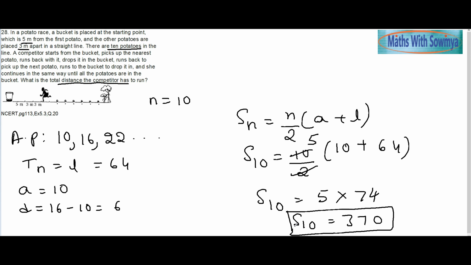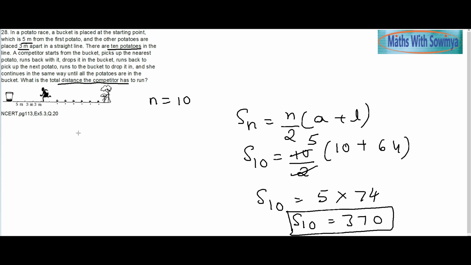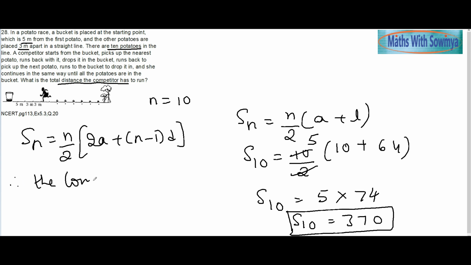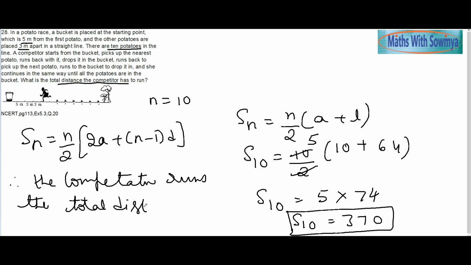Even you can apply the normal formula also: Sn is n by 2 into 2a plus n minus 1 into d. Apply the same things and do it. So therefore we can write the competitor runs the total distance of 370 meters.